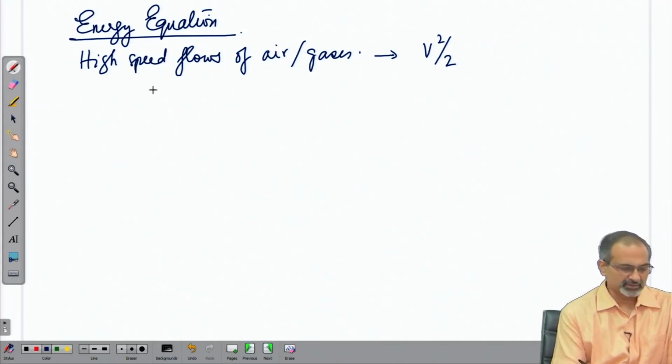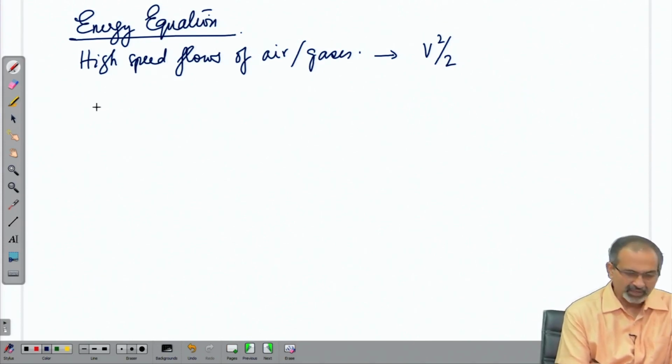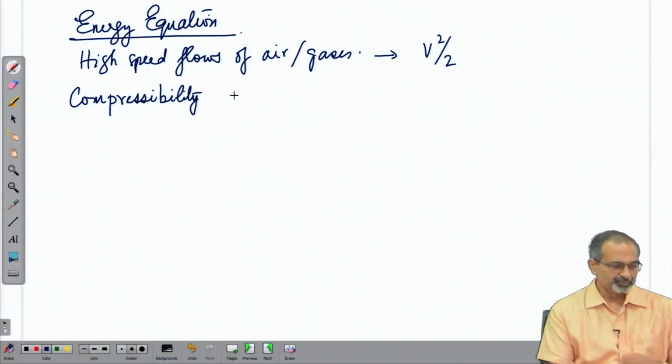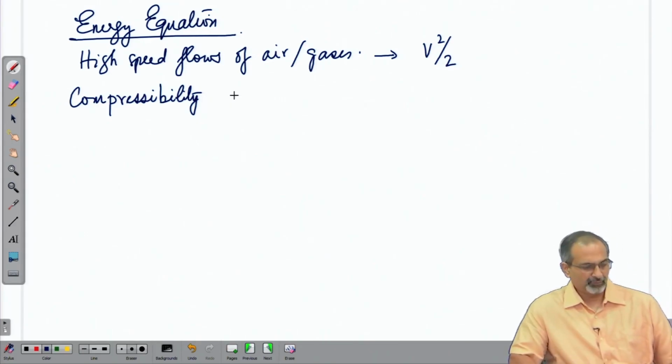So, keeping these concepts in mind, we would say that for compressible gas flows, the energy equation is one of the most relevant equations. Keep in mind that in compressible flows, we will talk about large density changes, and then a very important concept comes into the picture, compressibility. You can define it as the fractional change in volume of a fluid element per unit change in pressure.